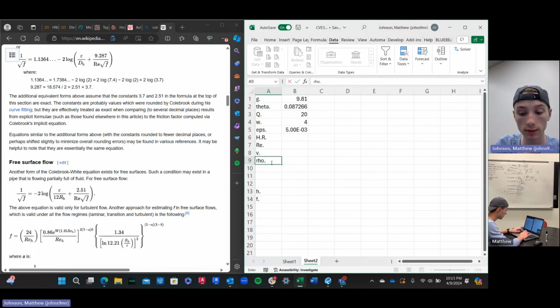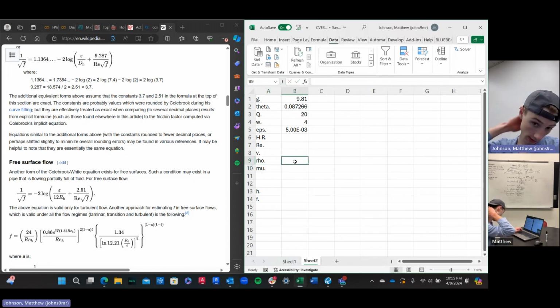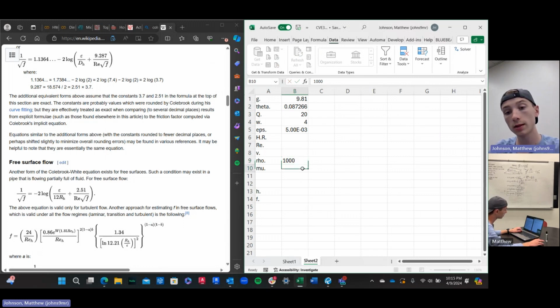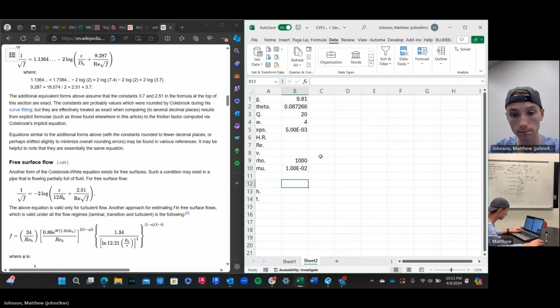So we have rho, we have mu. The density of water is 1,000 kilograms per meter cubed. The viscosity of water is 10 to the minus 3 Pascal seconds. Okay. We have height. We have the frictional factor F.